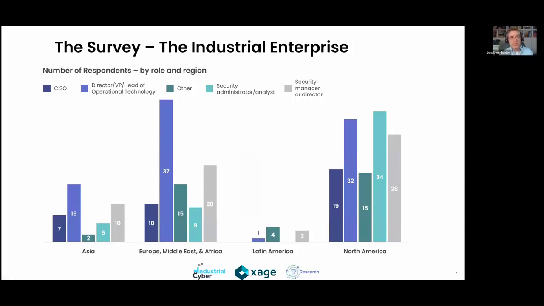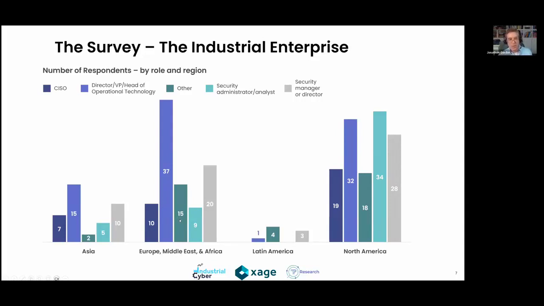So this slide, the last one on the demographic side, shows the roles again, broken down by region. The biggest responses, I think, were from North America. How to read this is, if you're here, for example, 32 is the count of respondents: 32 respondents were OT roles in North America, and similarly 37 from EMEA.